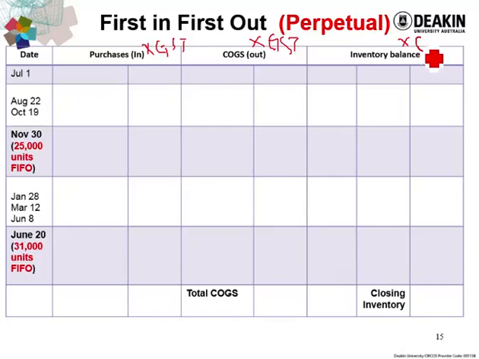And note that when we prepare the stock card, we record all at cost. We do not use selling price. So please do not use selling price when you prepare the stock card.